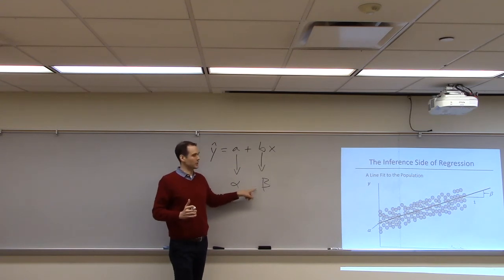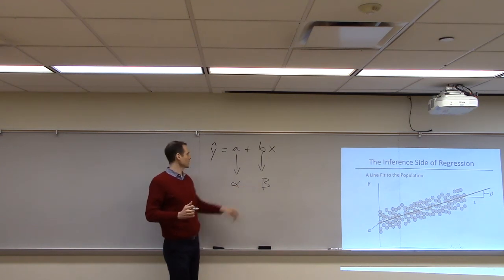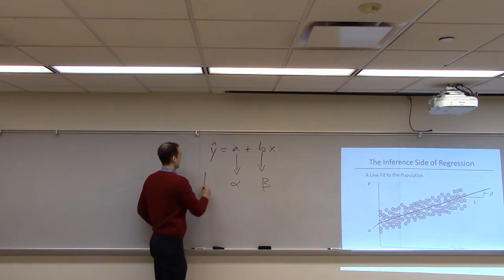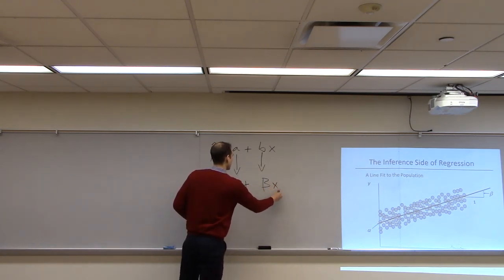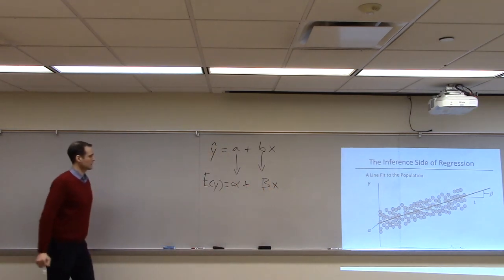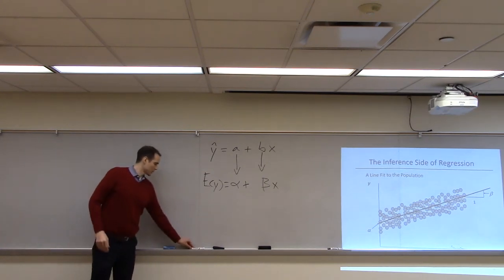Anytime you go to Greek letters, you've got something. So this is our population regression equation, and we just call this the estimated value for y equals the intercept plus the population slope times x.